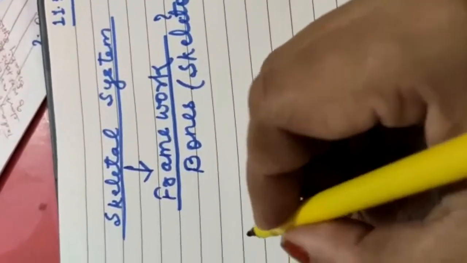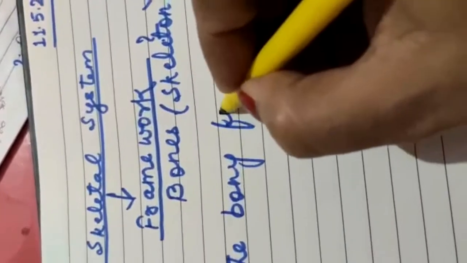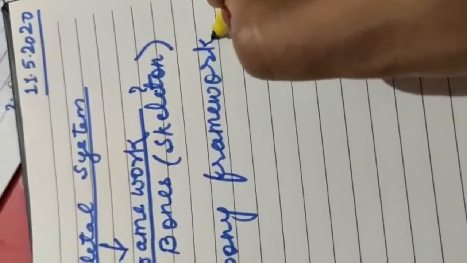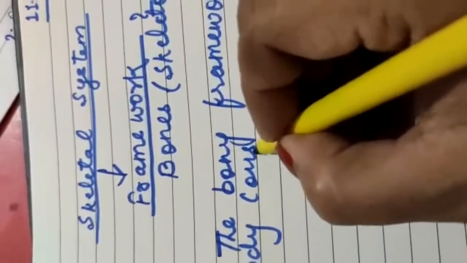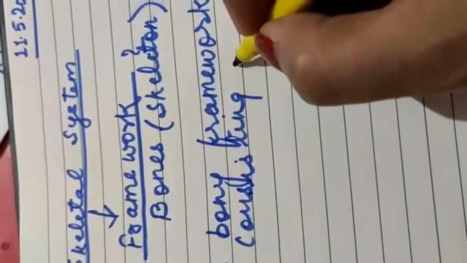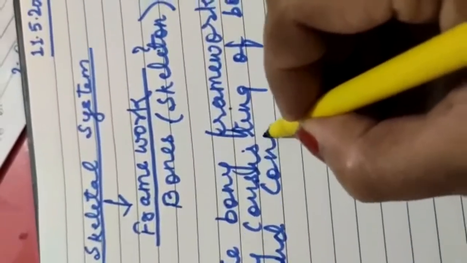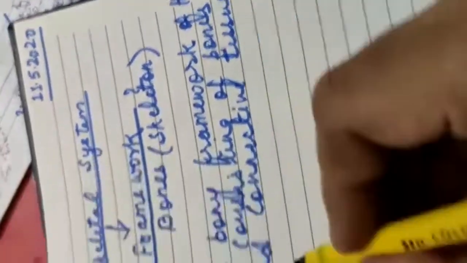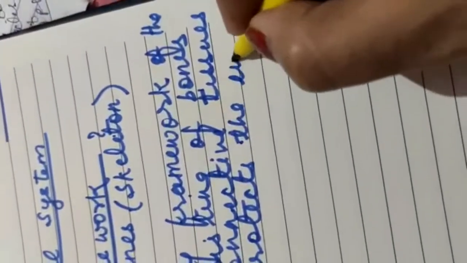So, what is the definition of skeletal system? The bony framework of the body consisting of bones and connective tissues which protects the internal organs.